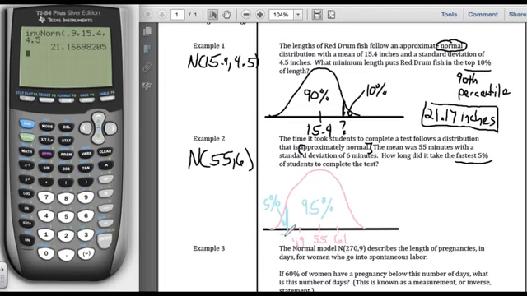What is this? So I have the percentages. I want to know this. And when you want to know one of these bottom measurements, when you have these percentages, that's when you use inverse norm. So it's second vars. It's the third one. I'll just hit the number 3. And it's the left-hand percentage every time. So up here we used 0.90 for the fish.